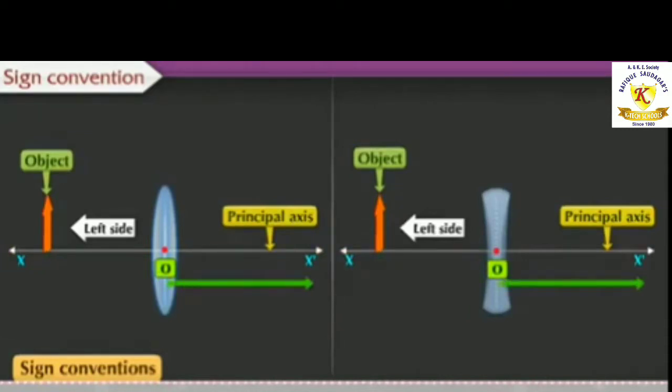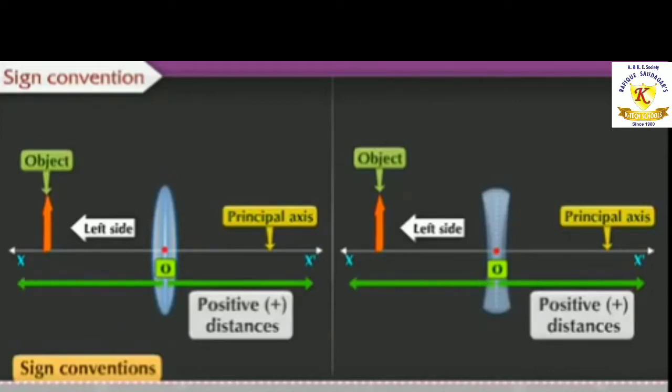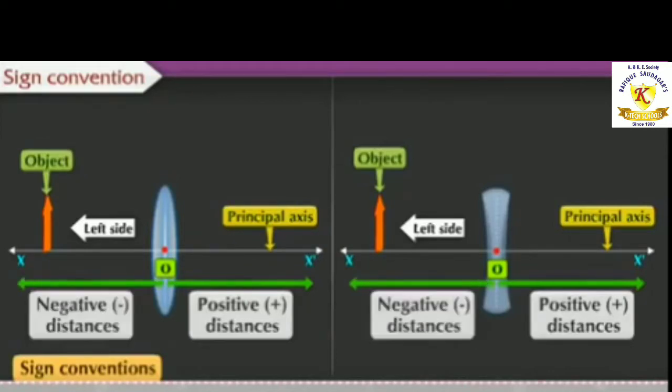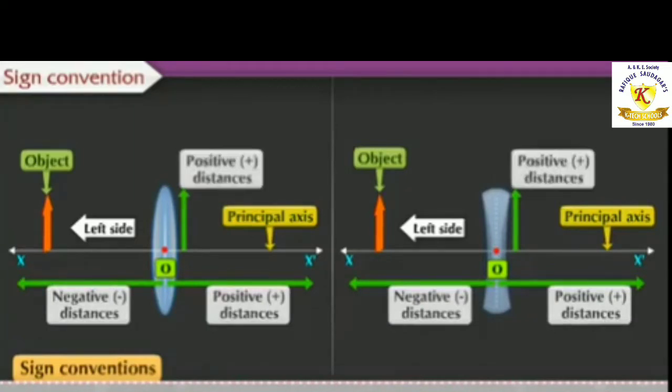The distances measured to the right of the optical center O are taken to be positive, while those measured to the left are taken to be negative. Distances perpendicular to the principal axis and above it are taken to be positive.